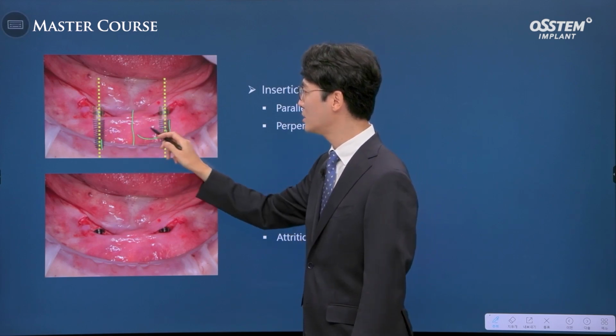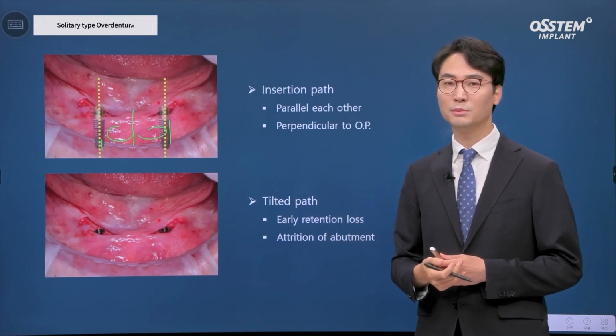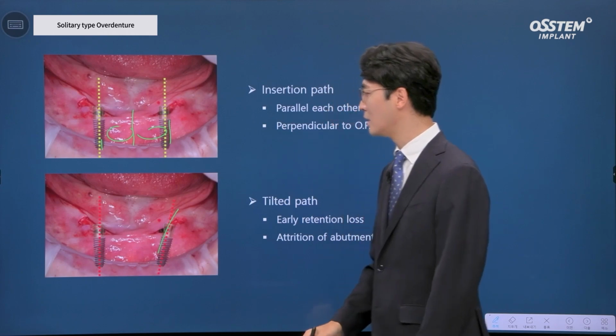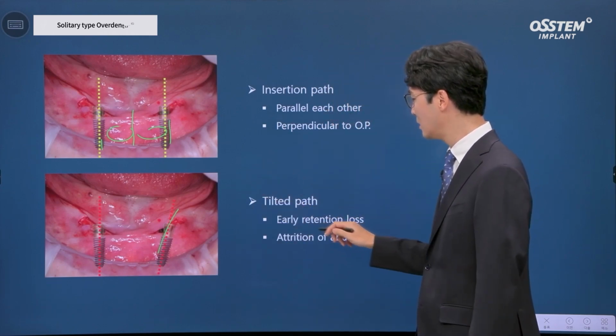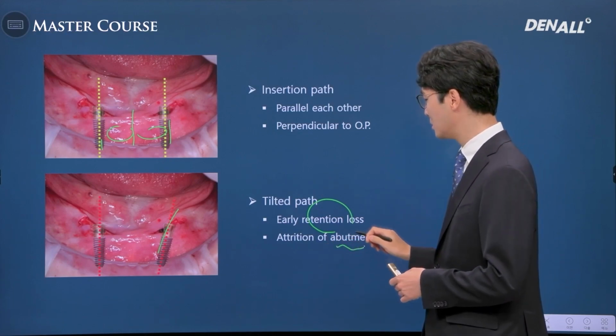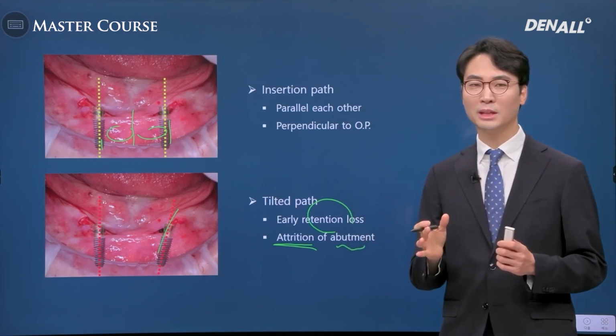From the midline, the 2 implants need to be apart in similar distances, and if possible, there needs to be symmetry between the 2 implants. If the implants are placed in a deviated manner, there can be early retention loss, and there can be attrition of abutment and attachment.